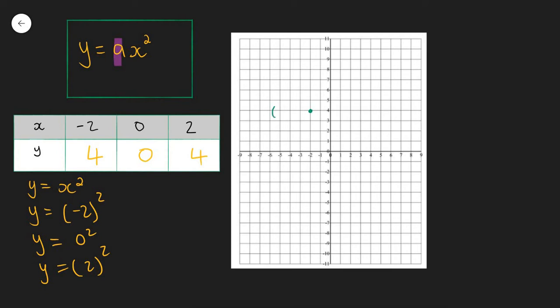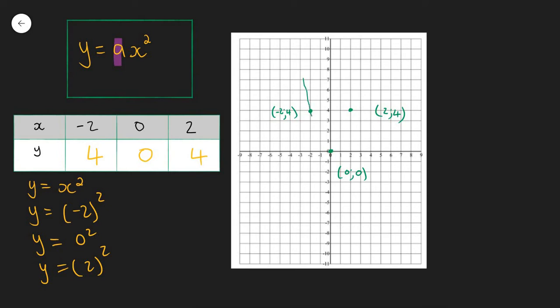Then 0, 0, exactly at the origin. And this last coordinate is going to be 2 and 4. Now we can just draw.